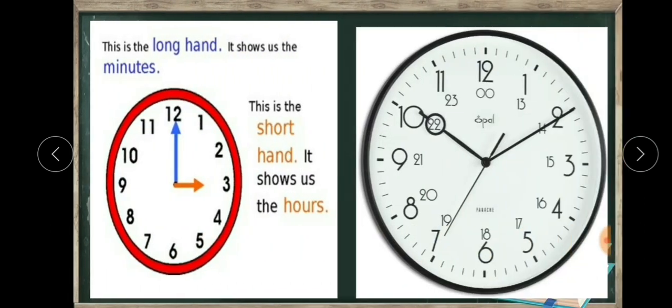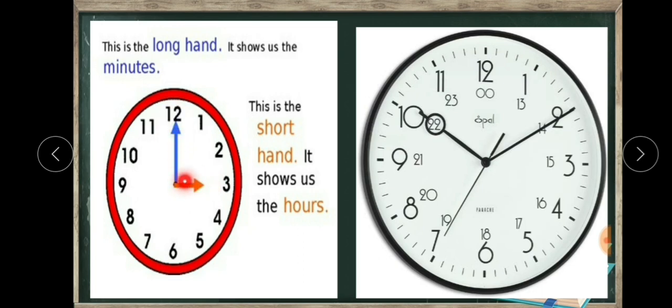See children, here you can see images of two clocks, and both clocks are marked with numbers from 1 to 12. Here you can see two hands and here you can see three hands. This blue long hand shows minutes, so it's called the minute hand.